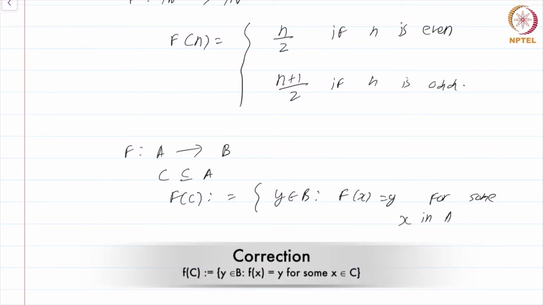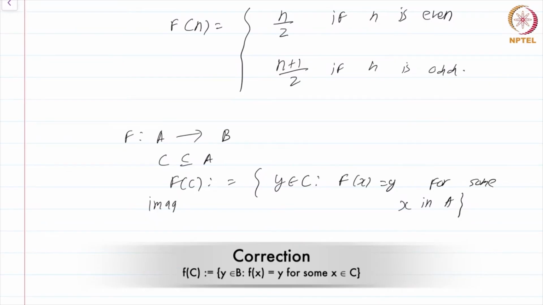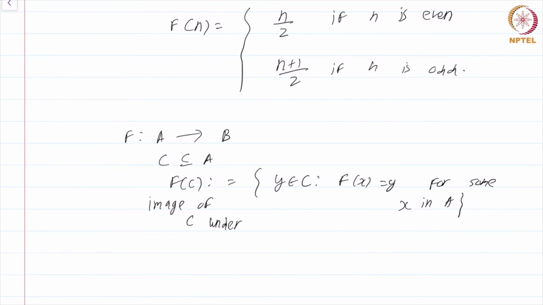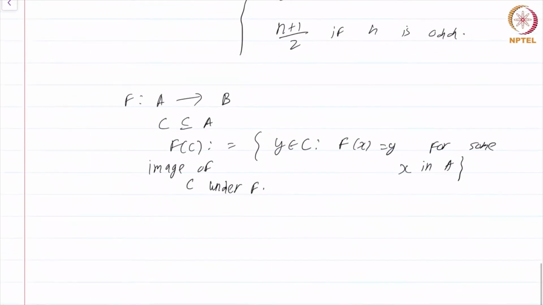Okay. This is called the image of C under f. Similarly, we have something called the pre-image.